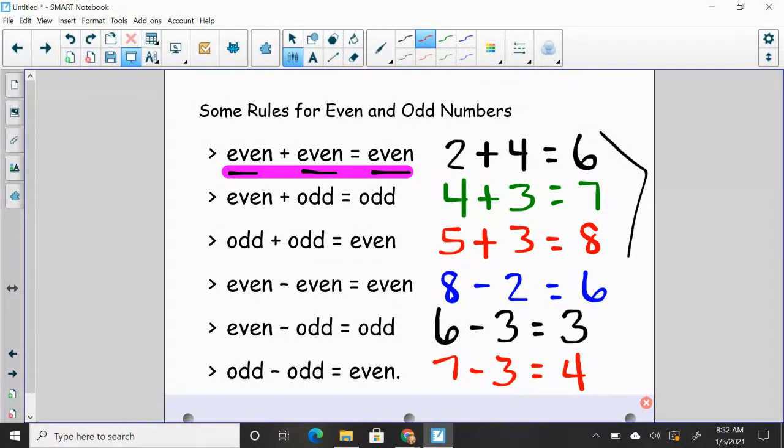But if you notice, your 3 sum rules are the same as your 3 subtraction rules. So if you're adding 2 evens or subtracting 2 evens, your result is even. If you have one of each, then your result is going to be odd. If you have odd, odd, your result is going to be even. Okay.